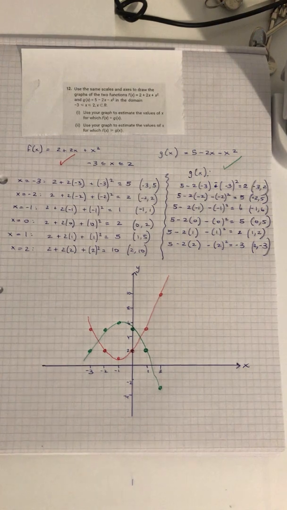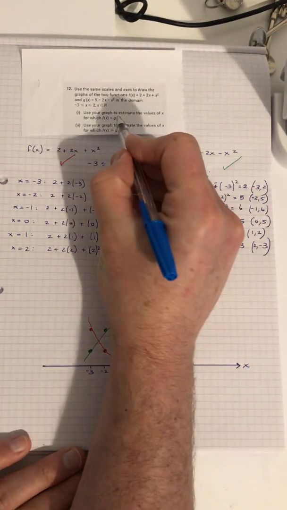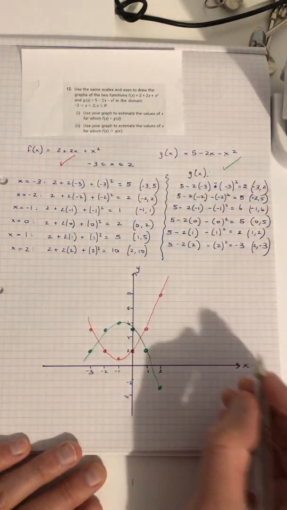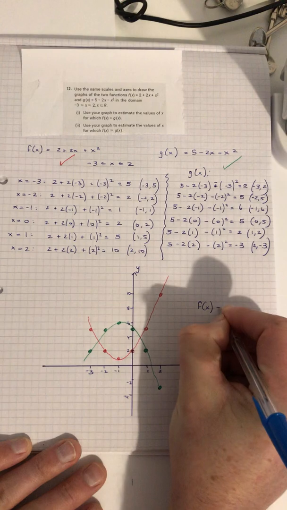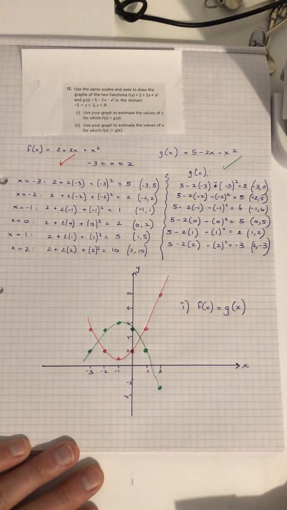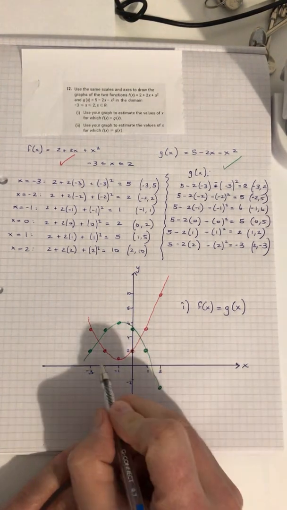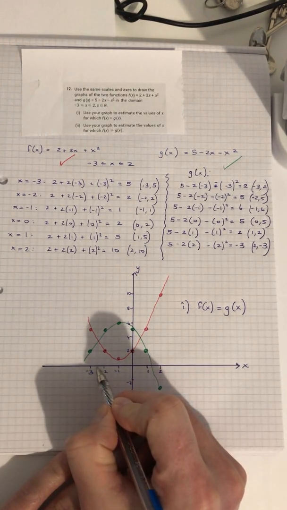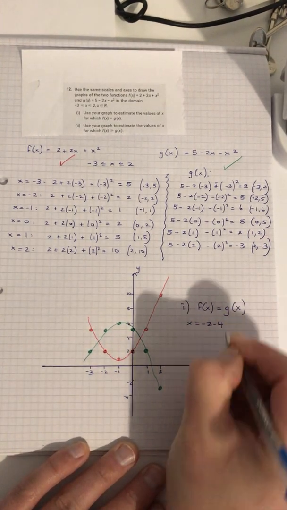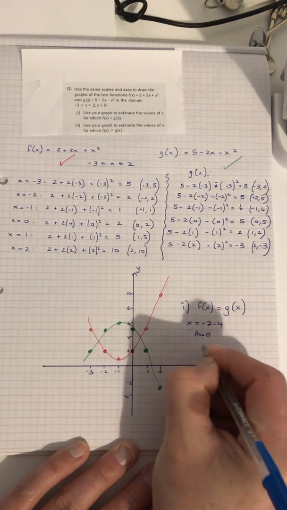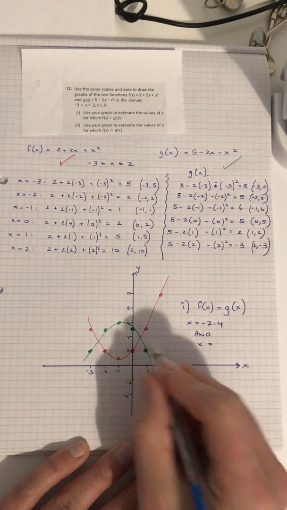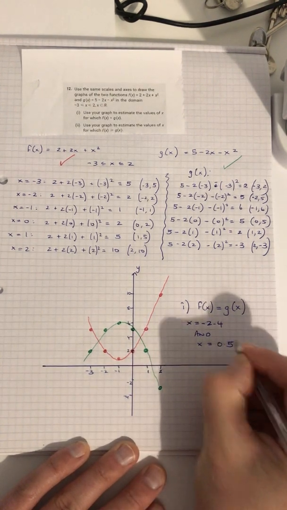Okay, now the questions then. Use your graph to estimate the values for which f of x is equal to g of x. So f of x equal to g of x. So where are the graphs equal? Right, so where do the two graphs equal? Well, when x is equal to minus 2.4 thereabouts and x equal to 0.5.